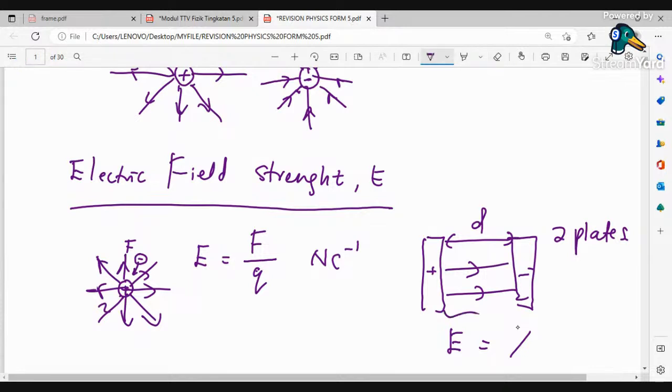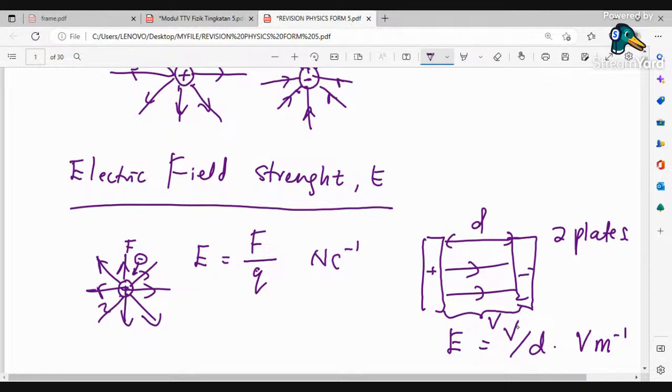And then there's a voltage between the two plates V, so we have E equals to V divided by D. So formula is different between these two. Okay, so unit is voltmeter -1.